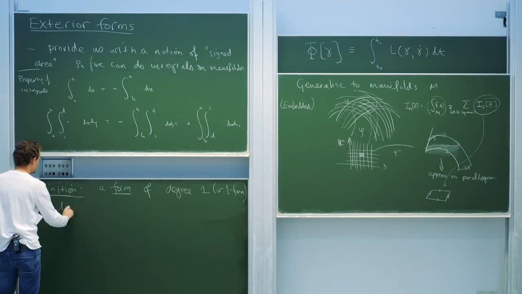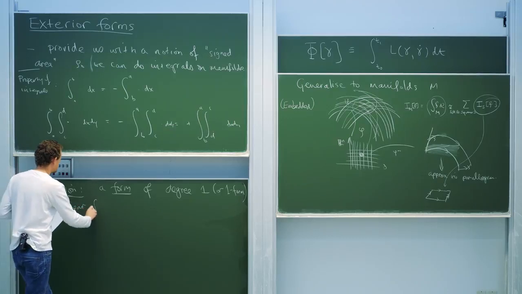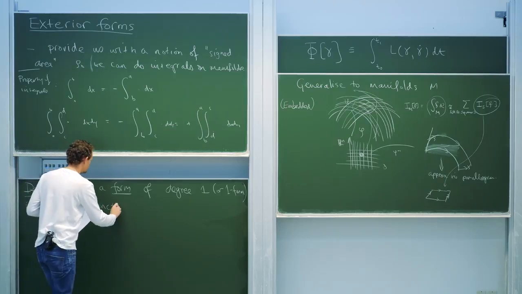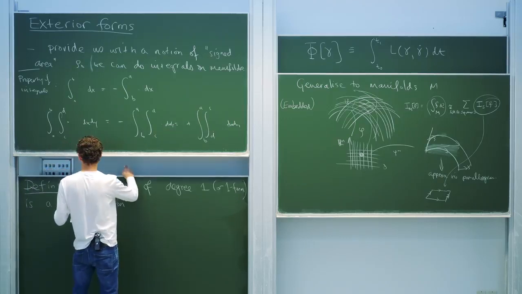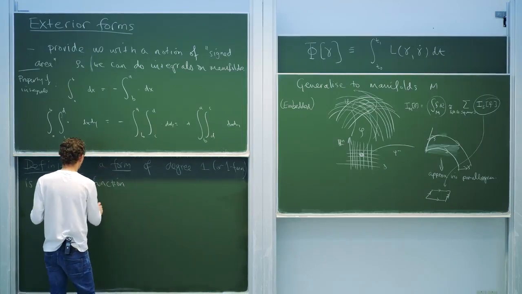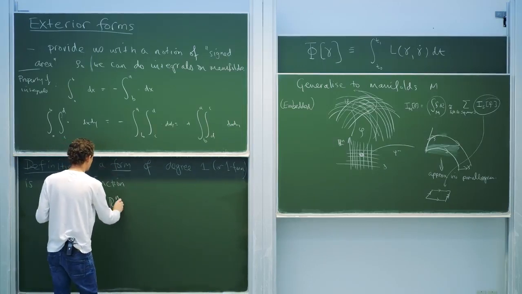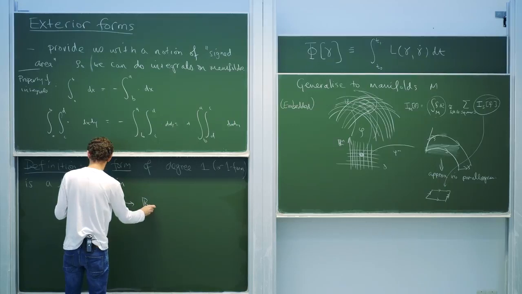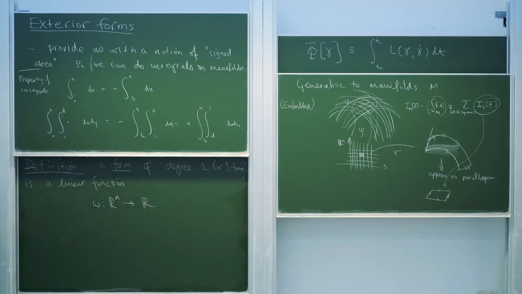And it's a linear function omega from Rn, the vector space Rn, to R. It's just what they're called.